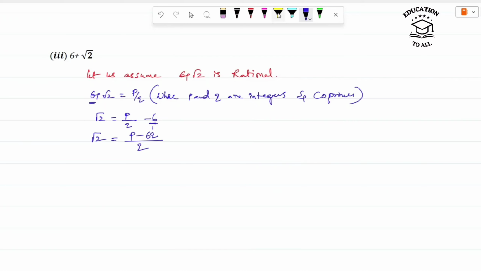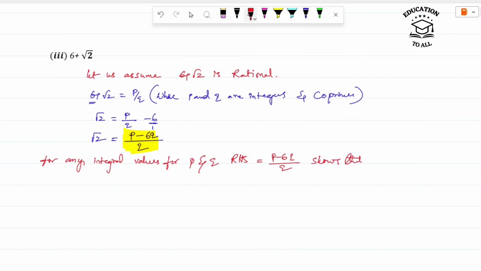Now observe this data carefully. In RHS it is a rational number only, so write this statement. For any integral values for p and q, RHS, that is, p minus 6q by q, shows that it is rational, then root 2 is also rational.